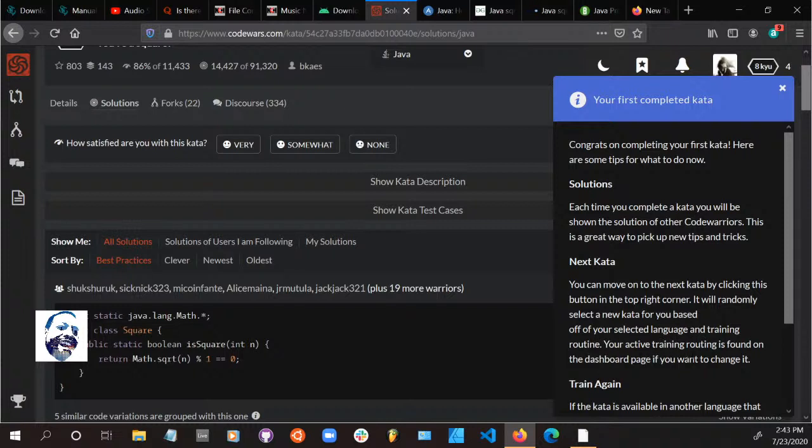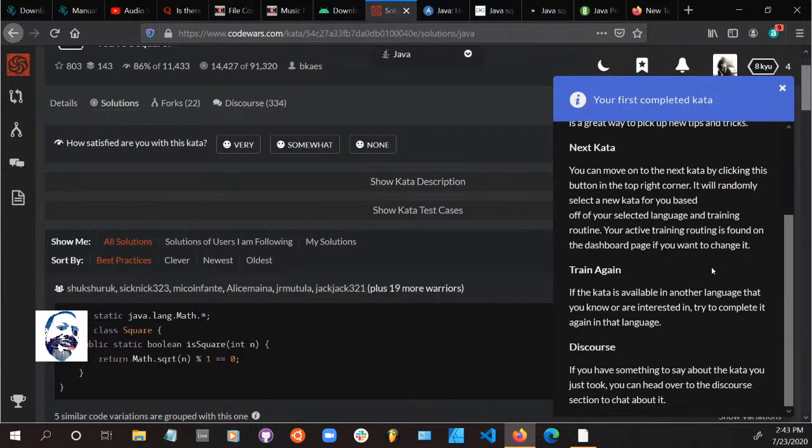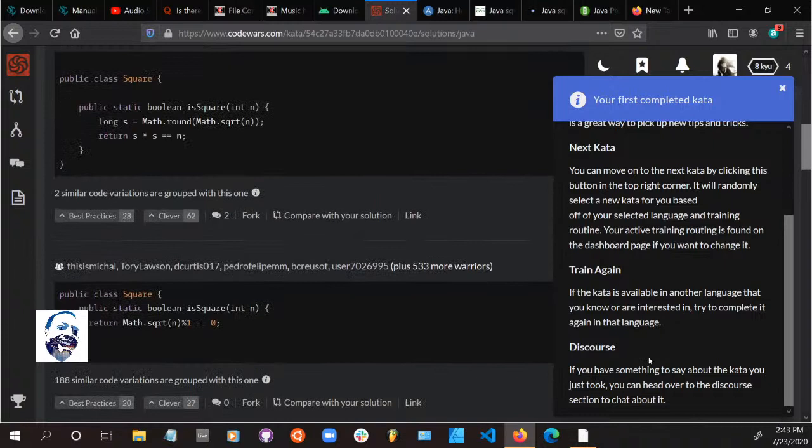Your active training routine is found on the dashboard page if you want to change it. Train again. If the kata is available in another language that you know or are interested in, try to complete it again in that language. Discourse. If you have something to say about the kata that you just took, you can head over to the discourse section to chat about it.